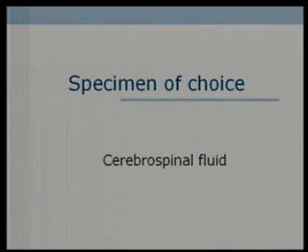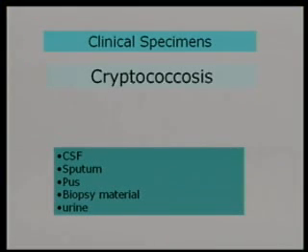Of course, spinal fluid is the majority of cases you'll see. 80 to 90% are going to be spinal fluid. We send to the lab accordingly. For some reason, again unknown, many patients will have the cryptococci in the urine. So a urine sample is good to see this organism.